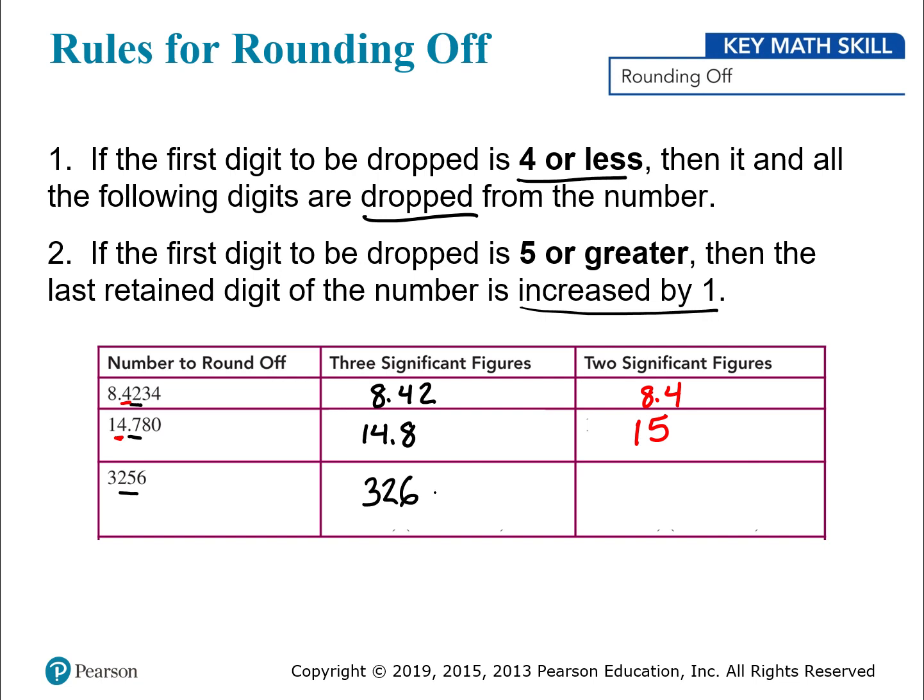We have to add a 0. If we don't add that 0, we just have 326. And that's different from 3,250 something, okay? So, when you're rounding a number like this, you need to make sure that you add placeholder zeros where necessary.